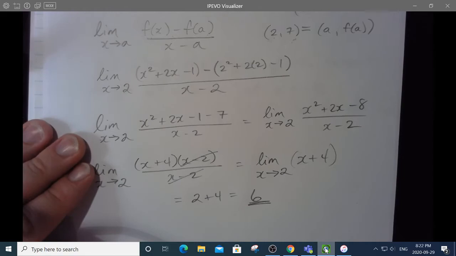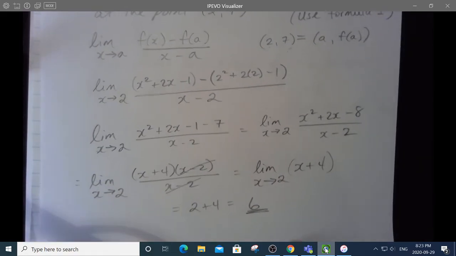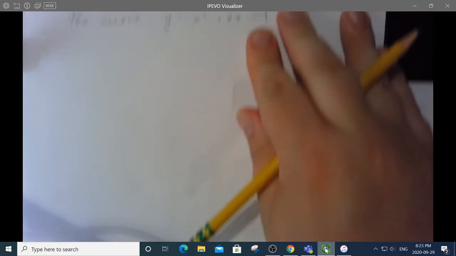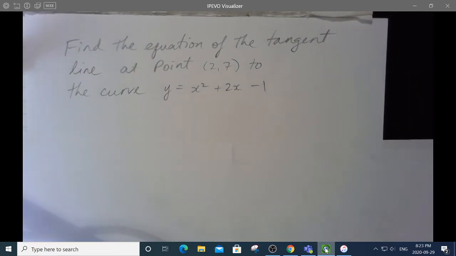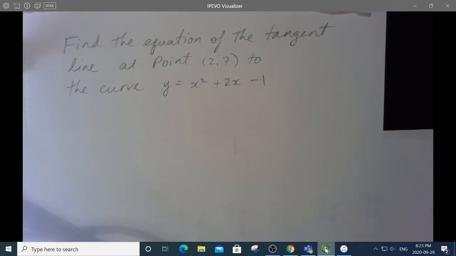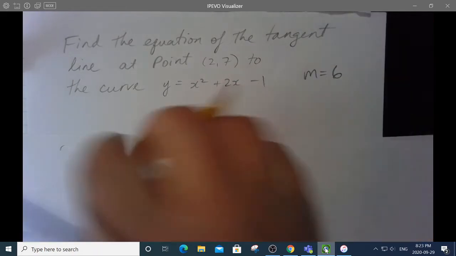And the question didn't ask it, but I'm going to add a little something to the question. I'm going to add: find the equation of the tangent line at the point (2, 7) to that curve. So I've already figured out that the slope is 6.